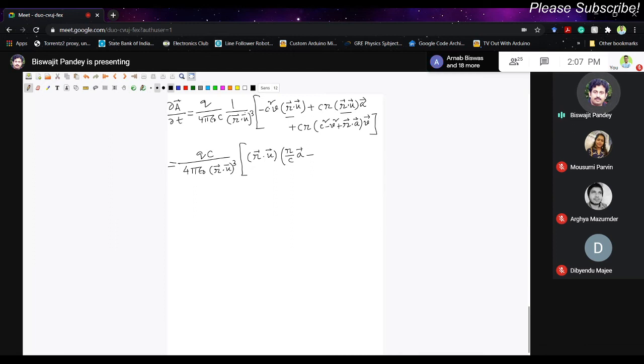Again, c square is taken outside, so there is nothing to be multiplied here, so I just have v here. And then we have this term. If I take c square common from this third term, I have to divide by c square, that will give me r by c. In the third term, c square is taken outside, so r by c, and then c square minus v square plus r dot a into v.